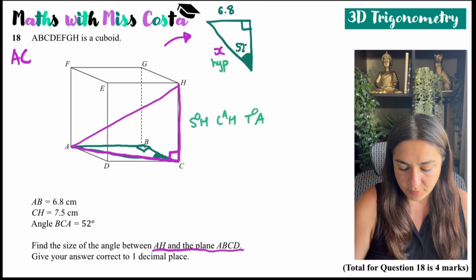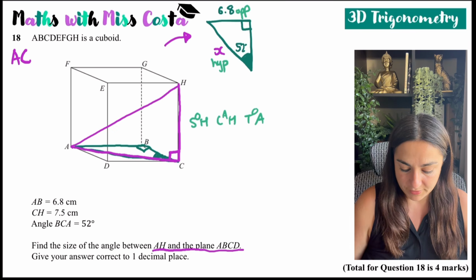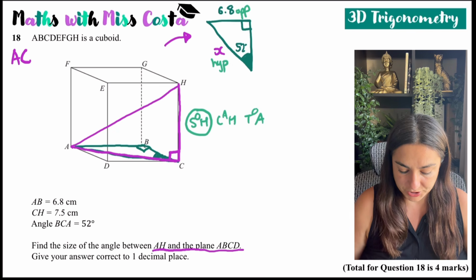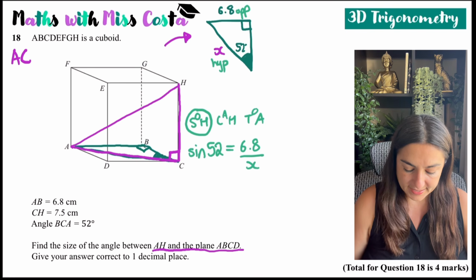This is going to be the hypotenuse, and this is therefore the opposite. I want to find the hypotenuse, and I've been given the opposite, so I'm going to use SOH, opposite and hypotenuse. So sine 52 is equal to opposite 6.8 over the hypotenuse, which is x.